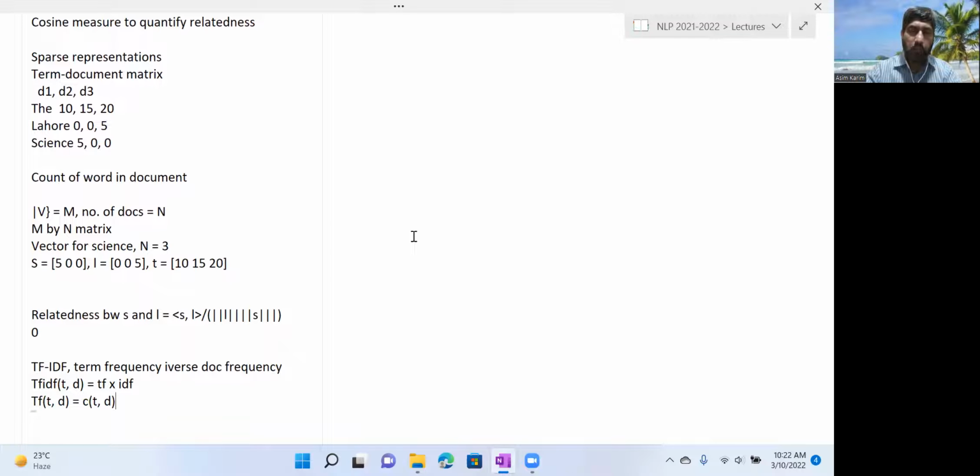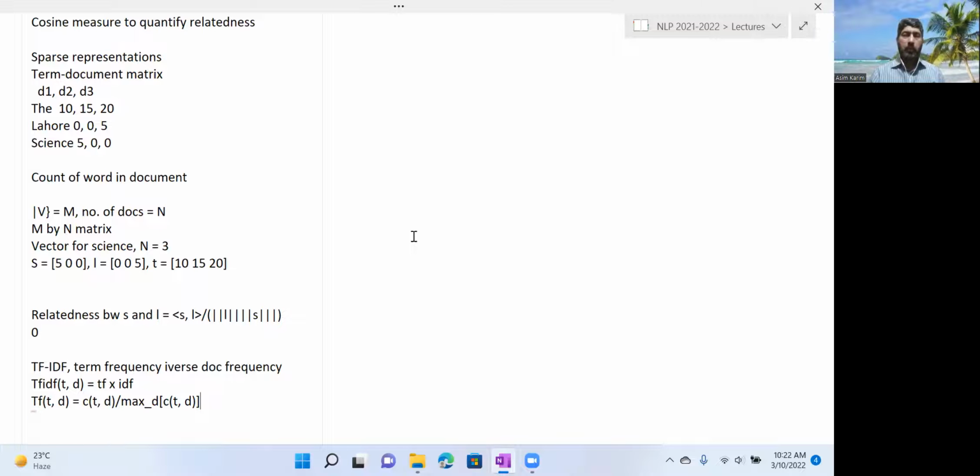Although sometimes people still use raw counts, to normalize it, there are a couple of ways. One way is to normalize it with the max count within the document, max within D of C(T, D).